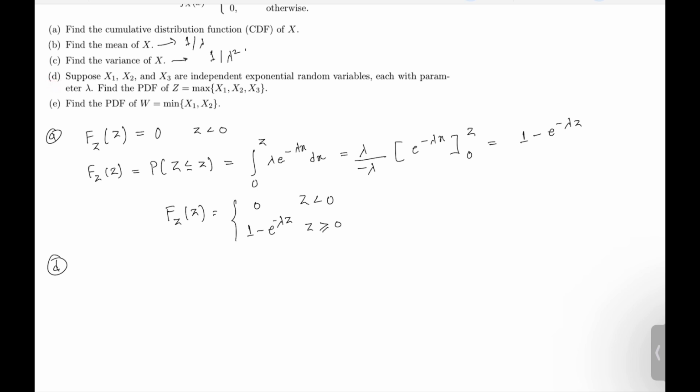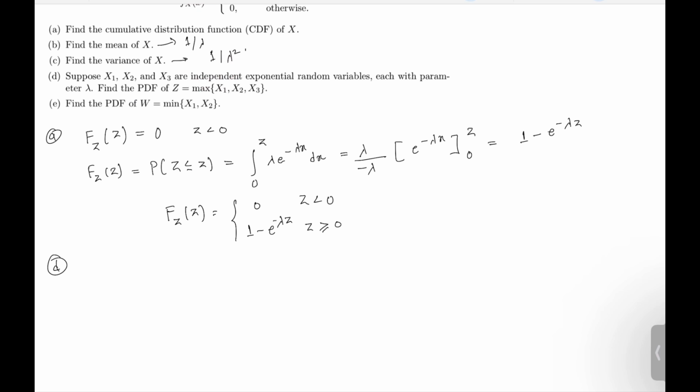Now in part D, suppose x1, x2 and x3 are independent exponential random variables, each with parameter lambda. Find the probability density function of this random variable z, and this z is the maximum of x1, x2 and x3, right? So we are given these 3 random variables, and they are exponential random variables and they are independent, right?